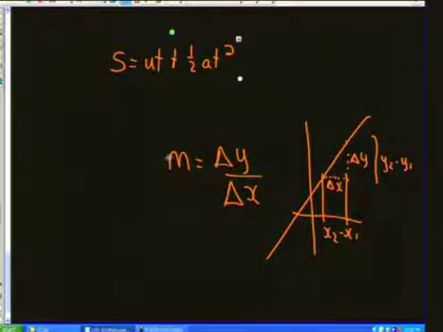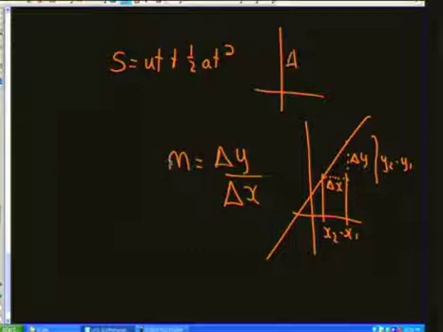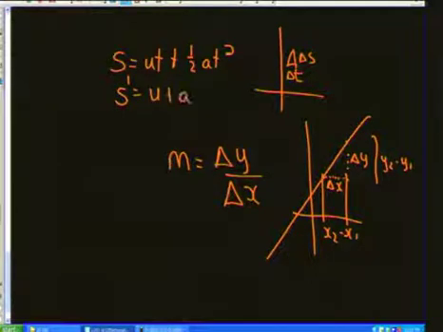The science teacher would have told you that when you're looking at this, you would look at the gradient and you would look at the change in displacement over the change in time, which is just another way of saying look at the gradient. And of course, if you take the derivative of this with respect to t, you're going to get u plus at, which of course all the good science people are shouting, that's u plus at.